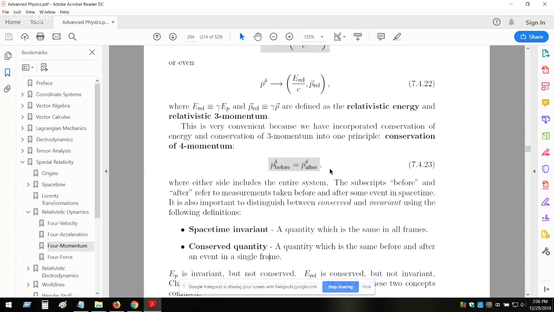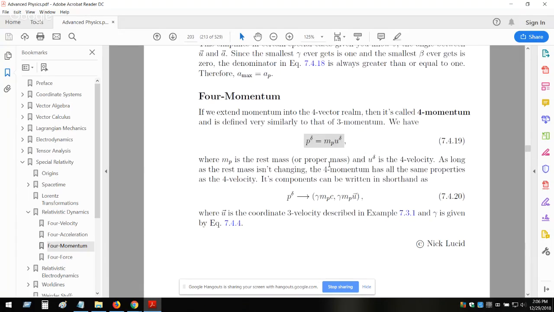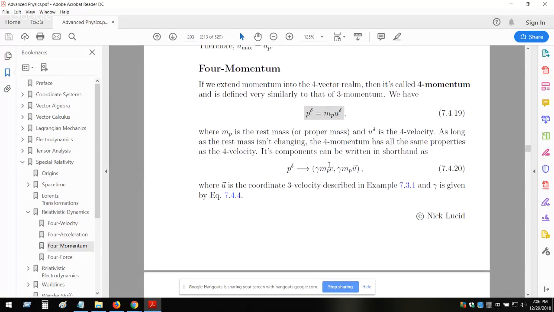Basically, there's this concept called four momentum, which is just an example of a four-dimensional vector. It has four components: three components for space and one component for time. It's a very common way to represent things in relativity, and it makes things very convenient mathematically. It's the three-dimensional momentum plus a time component.